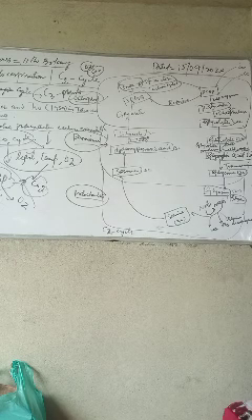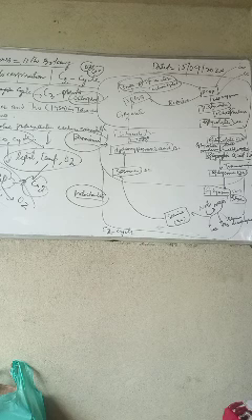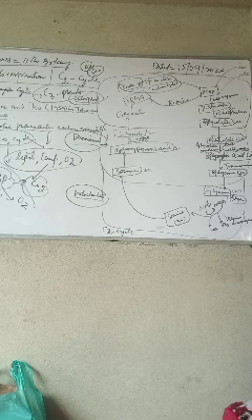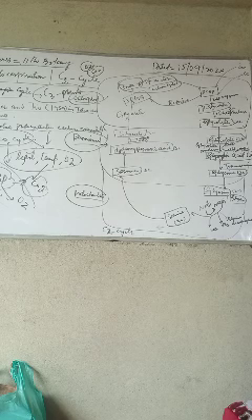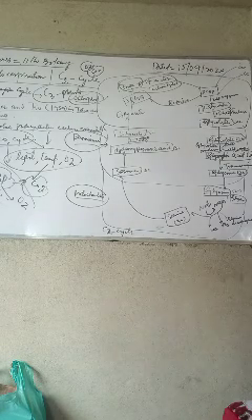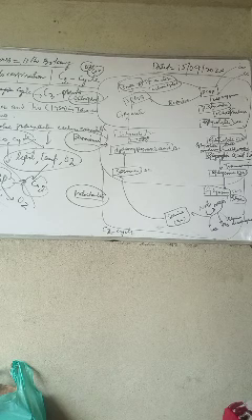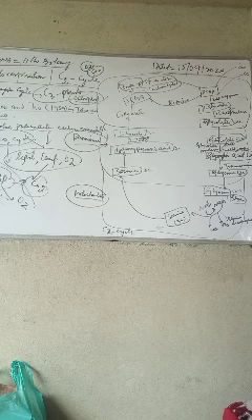With the help of glycolate oxidase, glycolate produces glyoxylic acid or glyoxylate. This glyoxylate is also a 2 carbon compound. It undergoes transamination with the help of ammonia and produces glycine, which is also a 2 carbon compound. This glycine enters the third cell organelle, that is the mitochondria.